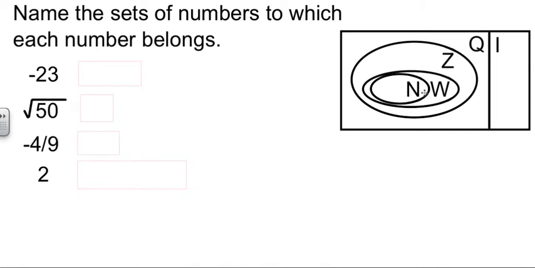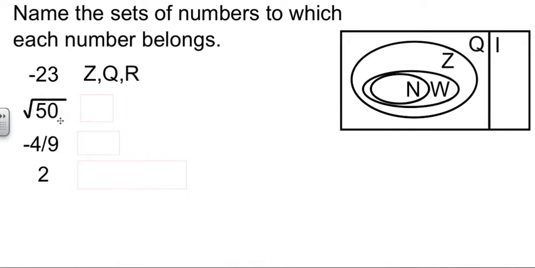It's not a natural number. It's not a whole number. It is, however, an integer. Well, since it's an integer, integers are also inside rational, and everything is inside real. So Z, Q, and R, integers, rationals, and reals.